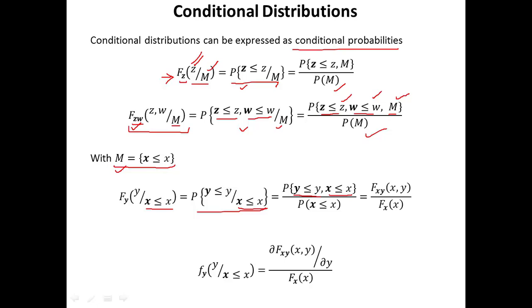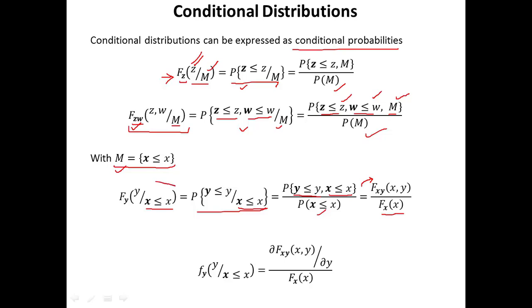The numerator is equal to the joint distribution function of random variables X and Y, that is capital F_XY of x, y, over the CDF of random variable X, that is F_X of x.